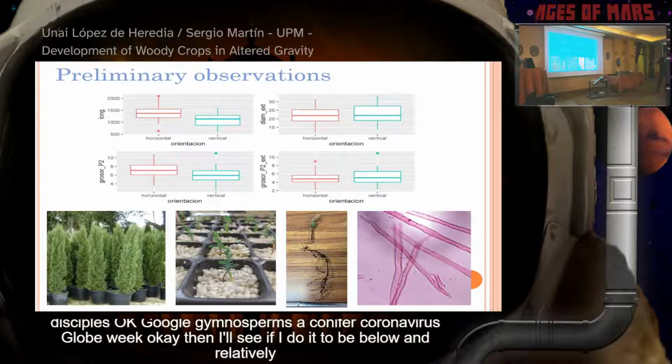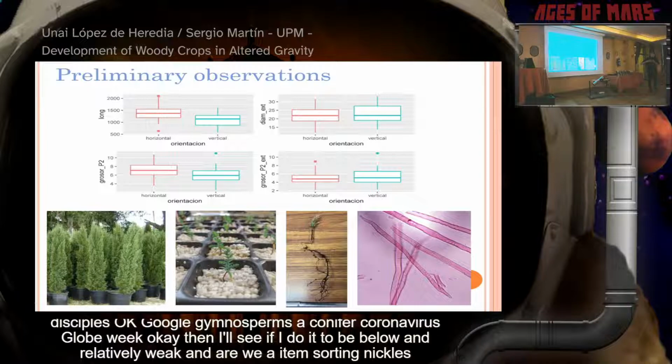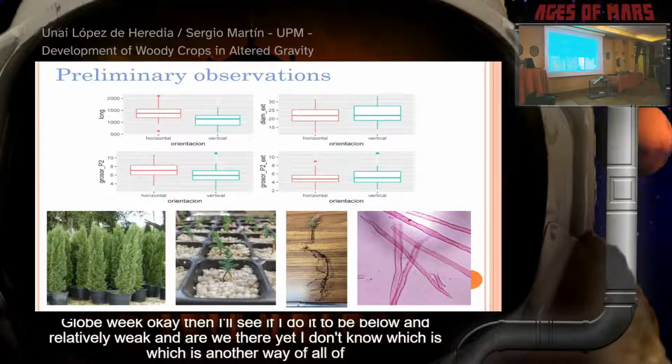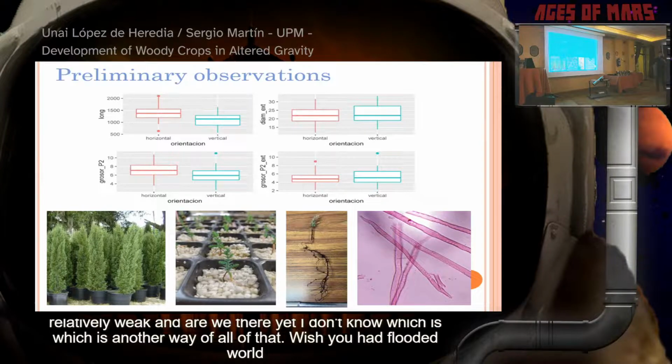And we could also propagate them vegetatively, which is very convenient to have clones, which is another way that we should explore if we go to Mars. We should propagate and use clones, probably genetically modified clones.